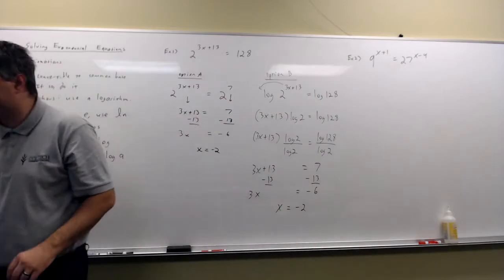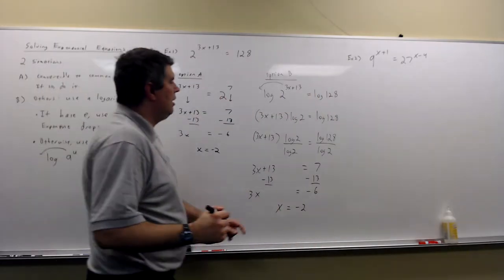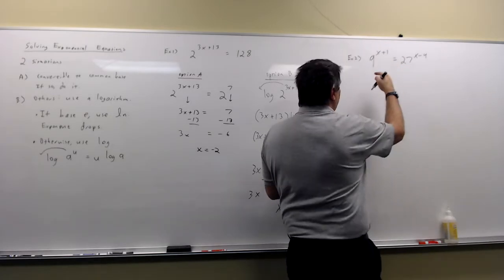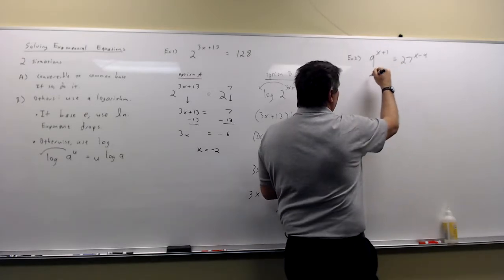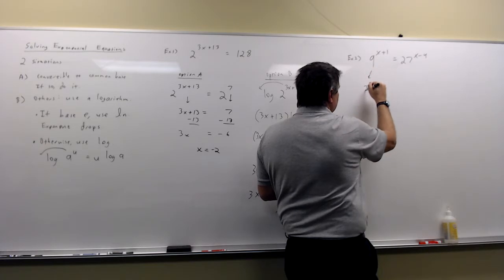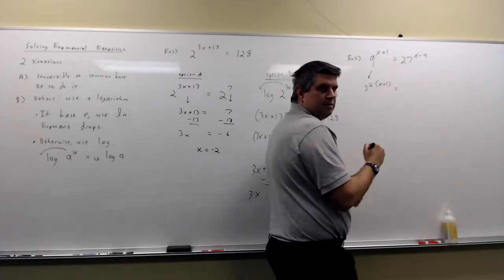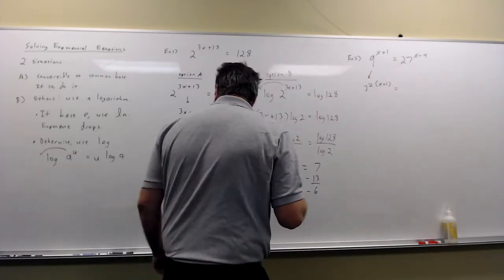Both of these are powers of 9, or powers of 3. So 9 is 3 squared. I'll put the original exponent in parentheses.